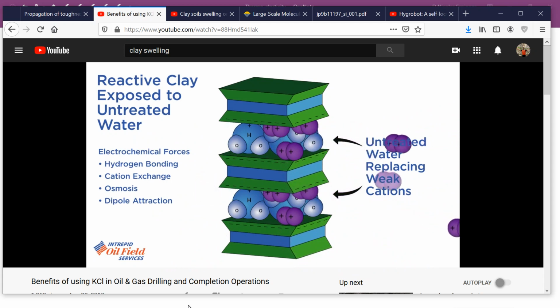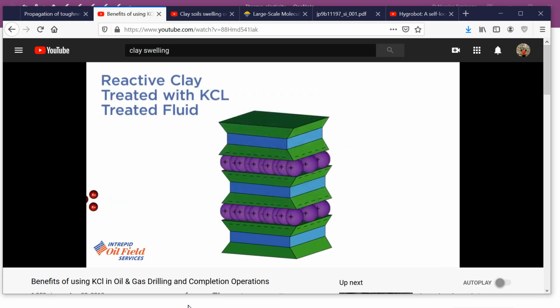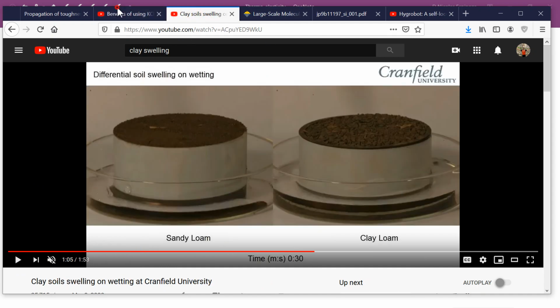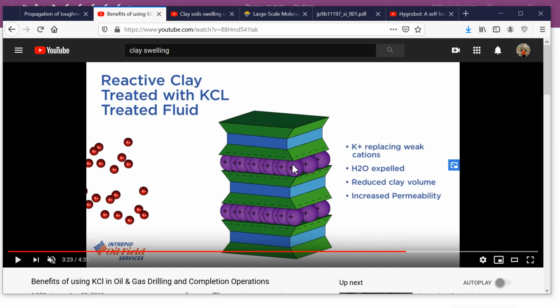This is the case in which you have a very small distance between the clays even without water before. And I'm going to come back to this in a minute. It's a cartoonish type of animation of this phenomenon.